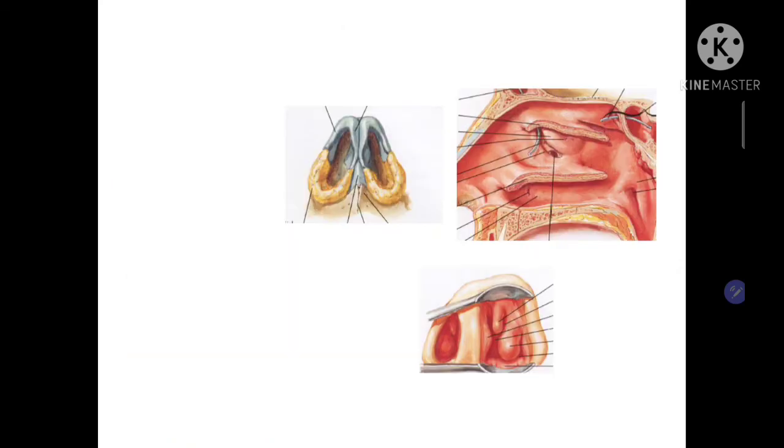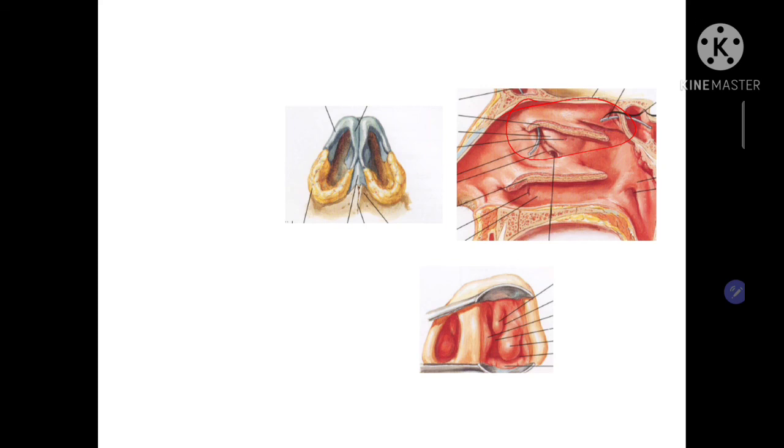So now in the end, we can say the nasal cavity can be divided in two segments, one respiratory segment and the other the olfactory segment. The olfactory segment is the most superior, because we have these little fibers that are going to go through the lamina cribrosa and make the olfactory nerve.